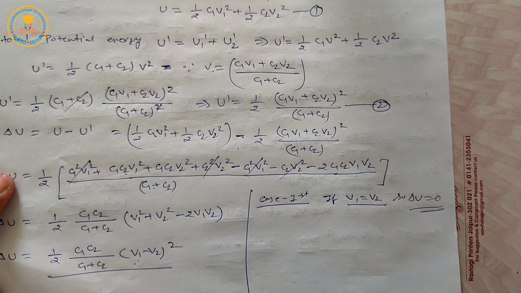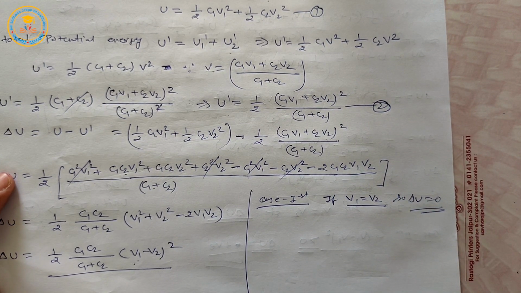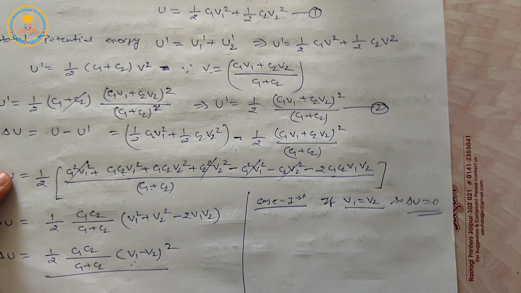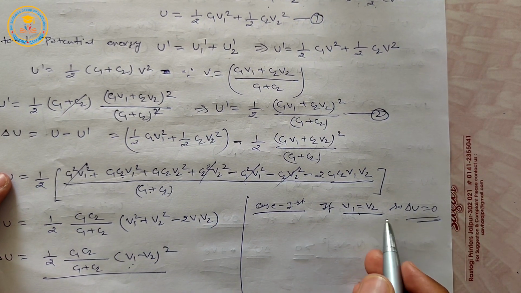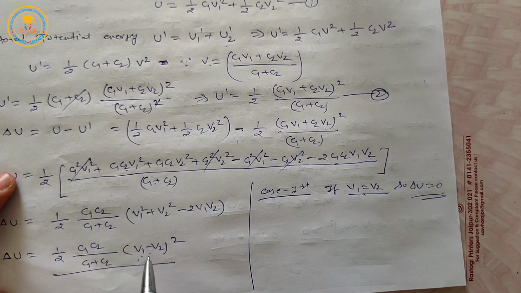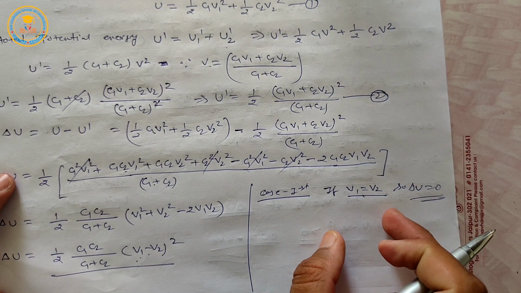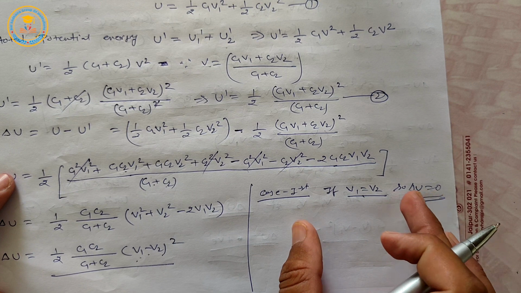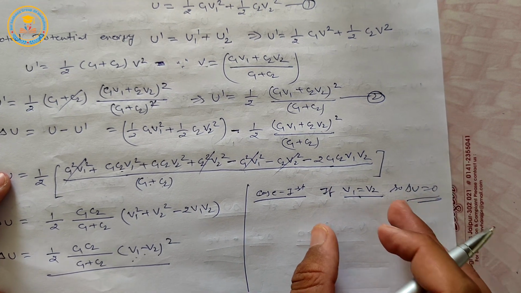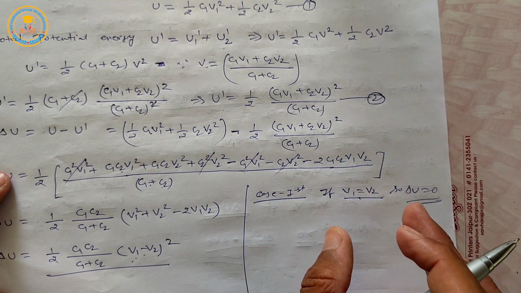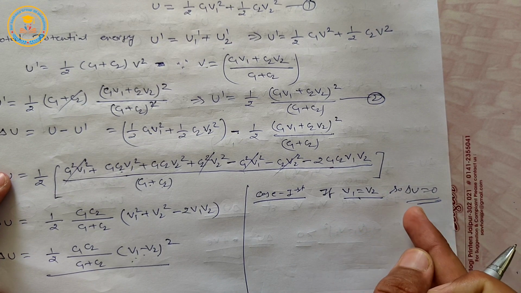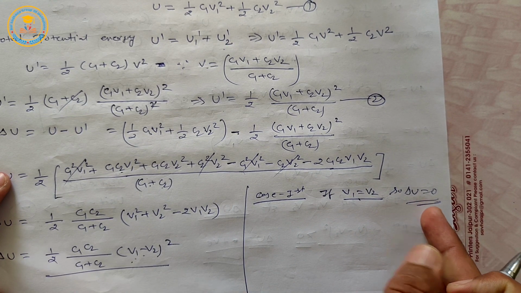It means the energy loss becomes 0. So we can say there is no redistribution of charges when the potential on both conductors is the same. So there is no loss of energy.